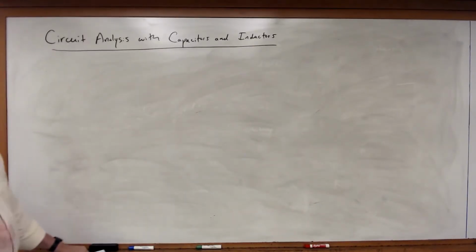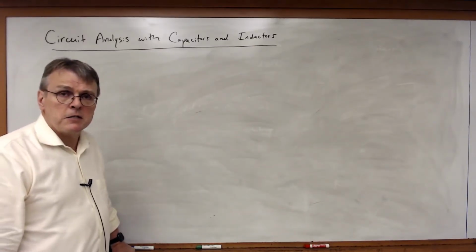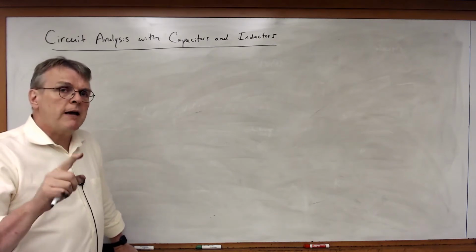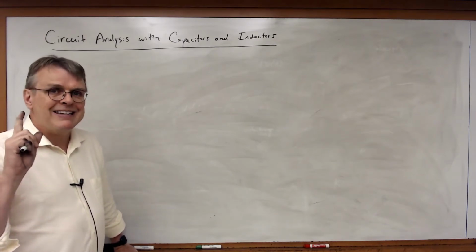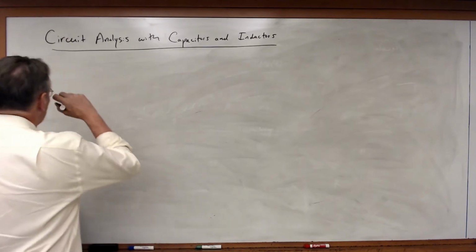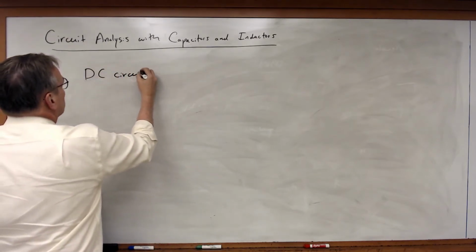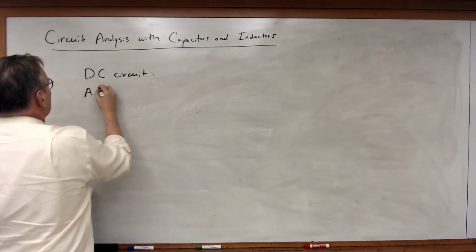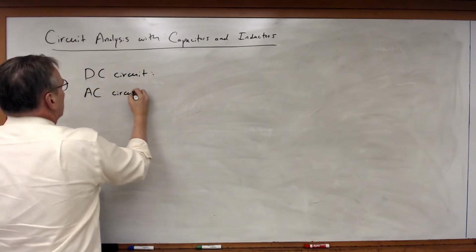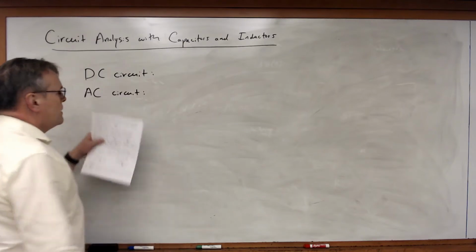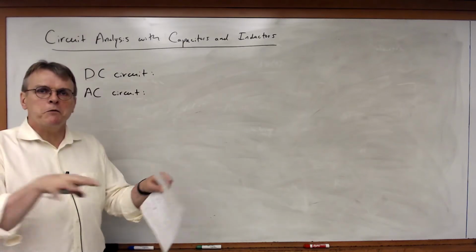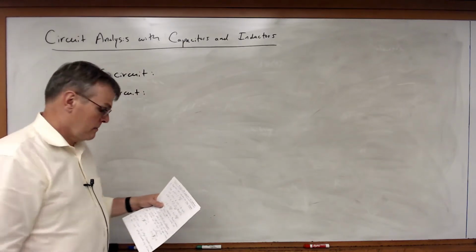First of all, and we've already discussed this, capacitors and inductors behave in a particular way in a DC circuit. So we've talked about DC circuits versus AC circuits, and it's worth repeating. In a DC circuit, all voltages and currents are constant.